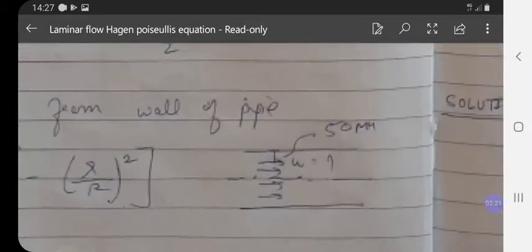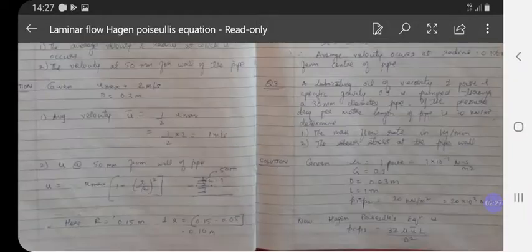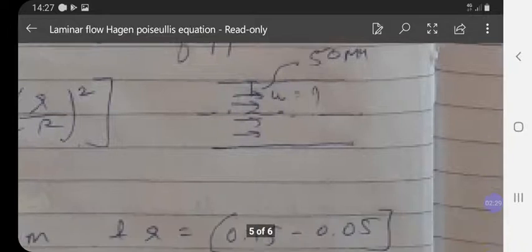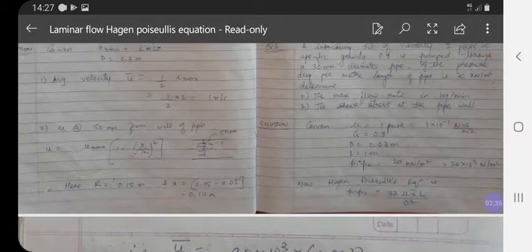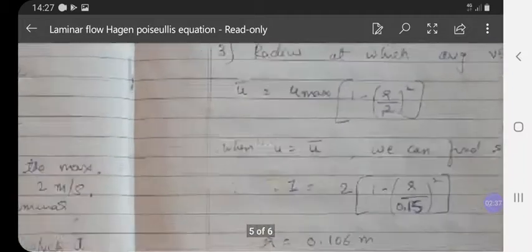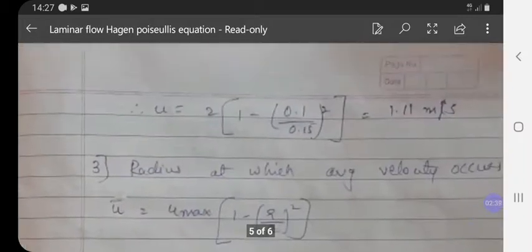So u will occur at a distance of 50 mm from the pipe wall, and r is measured from the center of the pipe. So small r becomes capital R minus 0.05, so it is 0.1 meters. Putting in the equation of u, I get u equal to u max 2, into 1 minus 0.1 upon 0.15, whole square. So I'll get the velocity, which is 1.11 meters per second.